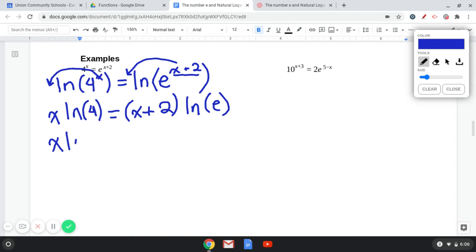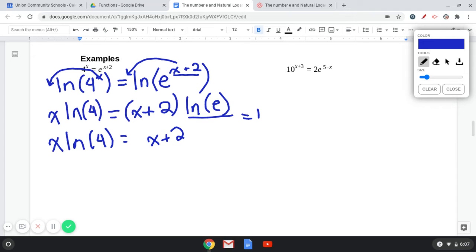So we're left with x times the natural log of 4 equals x plus 2. This guy equals 1, so x plus 2 times 1, which is just x plus 2. And I'm just going to not write with these parentheses anymore. We're simplifying.